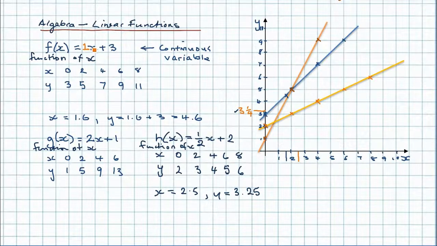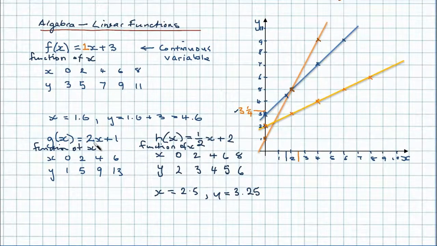And when we had a coefficient of 1, so we just had 1x, then if we look at our blue function here, you can see that it goes along 1 and up 1, or along 2 and up 2. In other words, it goes up as many units as it goes along. So that's what happens when we've got a coefficient of 1.